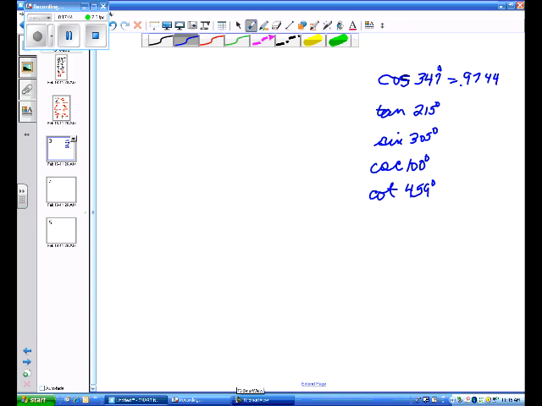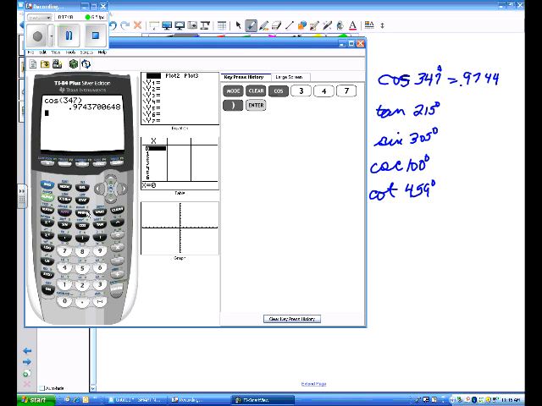Okay, let's look at the tangent of 215. We would simply put tangent 215. So going to 4 decimal places, it would be decimal 7002.